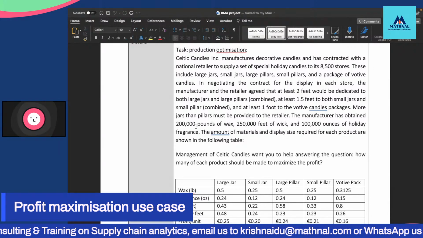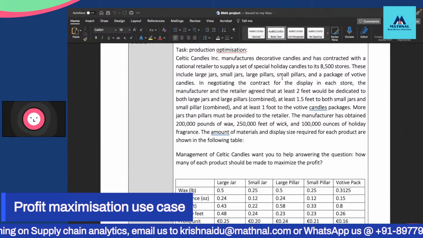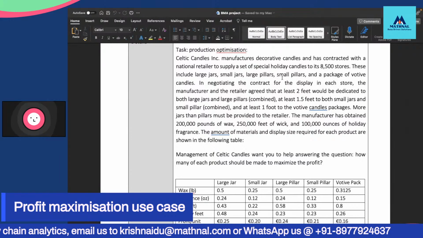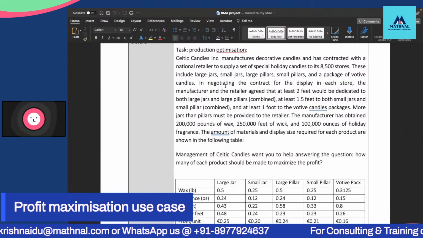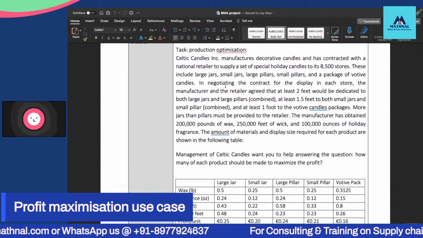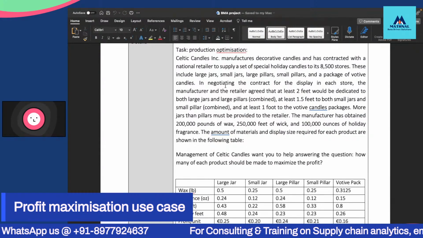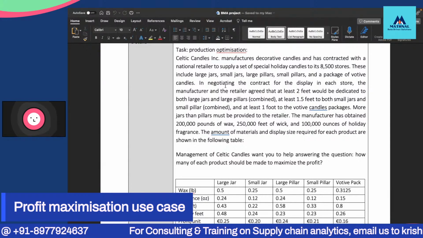This includes large jars, large pillars, small pillars, and a package of votive candles. So you get an order of different products: large jar candle, small jar candle, large pillar candle, small pillar candle, and a package of votive candles.